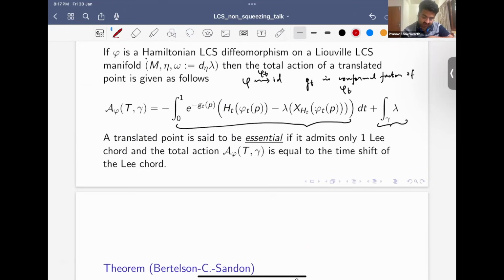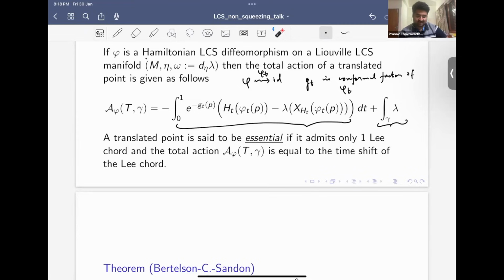So in particular, it turns out that the contact part of the action is not preserved, but magically the difference in the contact part of the action is compensated by the difference in the symplectic part of the action when you do the calculation out explicitly. And so the total action is preserved.